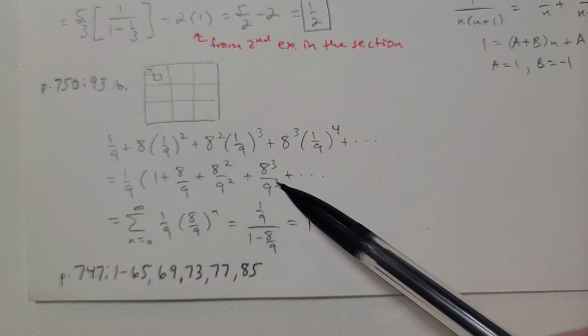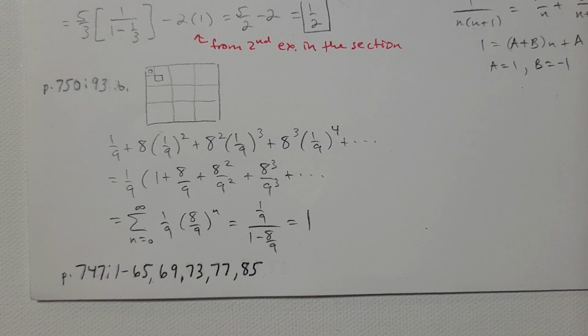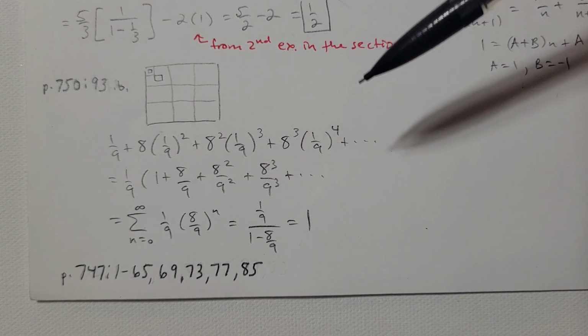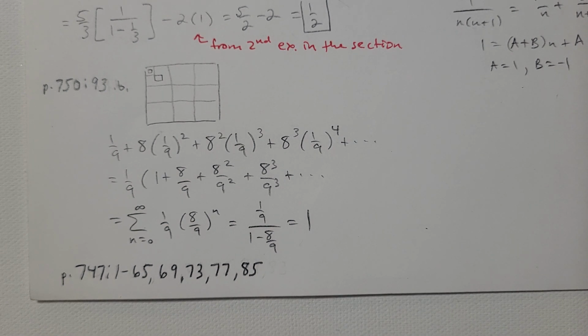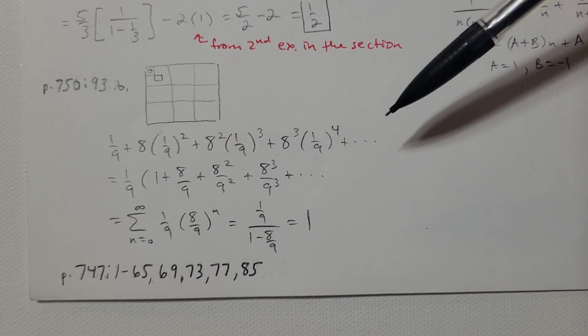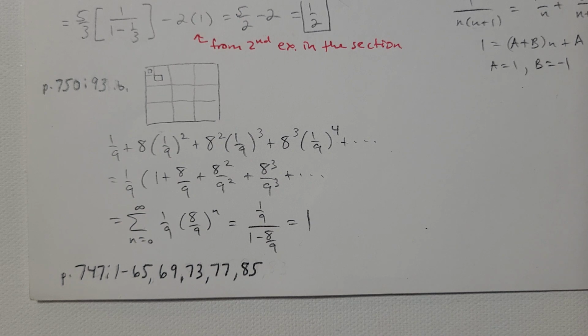So if I were to continue to remove the center 1/9 of each of these squares, I'm removing an area of 1, and that's like you've removed the whole carpet. So the area of the Sierpinski carpet in its entirety is 0, is what we're saying there.